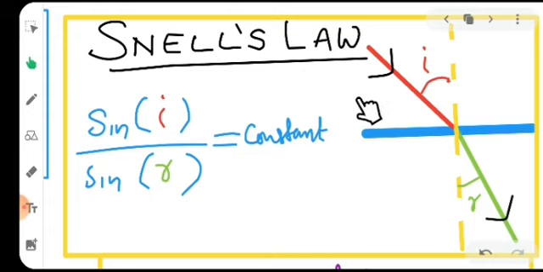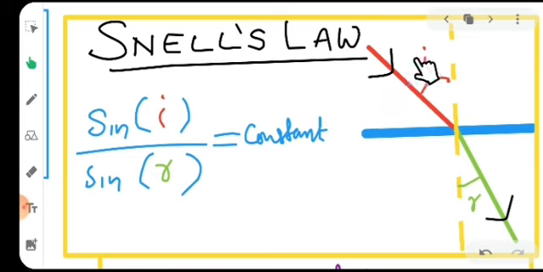If you have water and air, or you have olive oil here, then water and olive oil will always have this ratio equal to a constant. But that constant will change if the media change. Suppose you have glass over here and kerosene underneath, then this constant will change, but for that particular set this constant will remain the same.